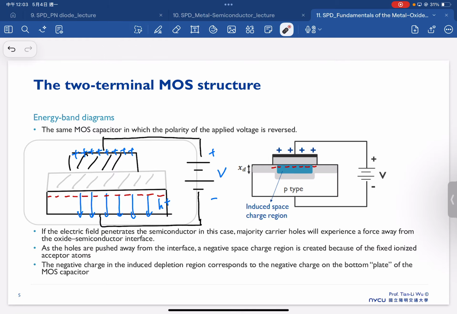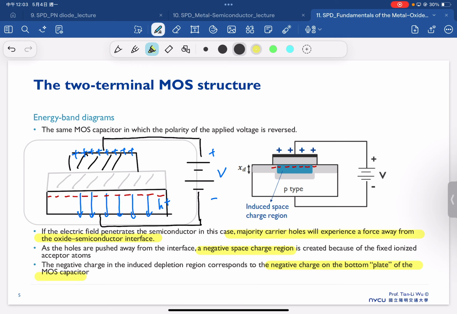If the electric field penetrates the semiconductor in this case, the majority carrier holes will experience a force away from the semiconductor interface. As the holes are pushed away from the interface, a negative space charge region is created. This negative charge in the induced depletion region corresponds to the negative charge on the bottom plate of the MOS capacitor.